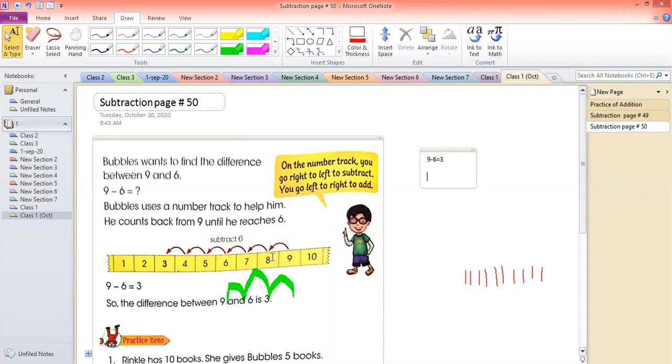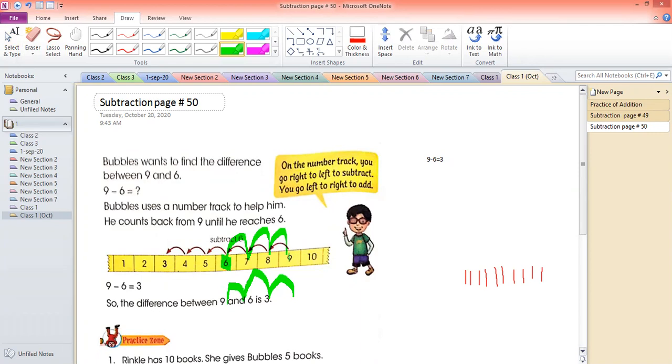This is 8, this is 7, and this is 6. And check how many steps you go back in order to reach 6. From 9, 1 step back it is 8, 2 steps back it is 7, and 3 steps back you find 6.